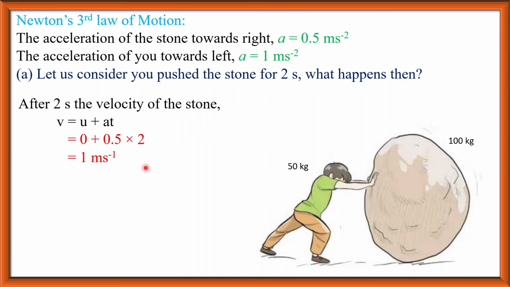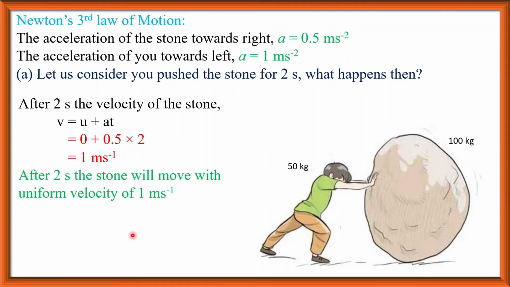After 2 seconds, the stone will move with uniform velocity of 1 meter per second, as the surface is frictionless. So when the stone starts to move, it will move with uniform velocity of 1 meter per second.